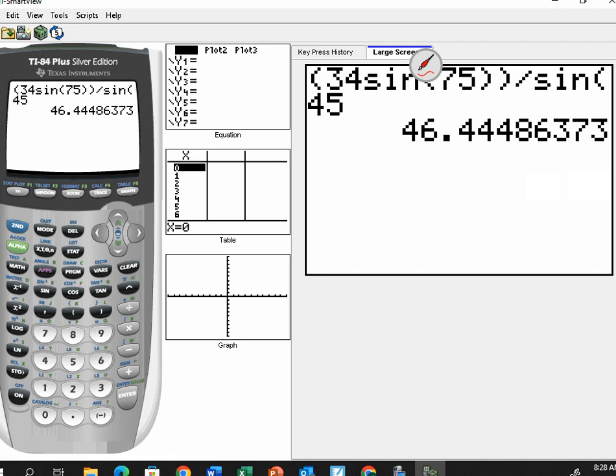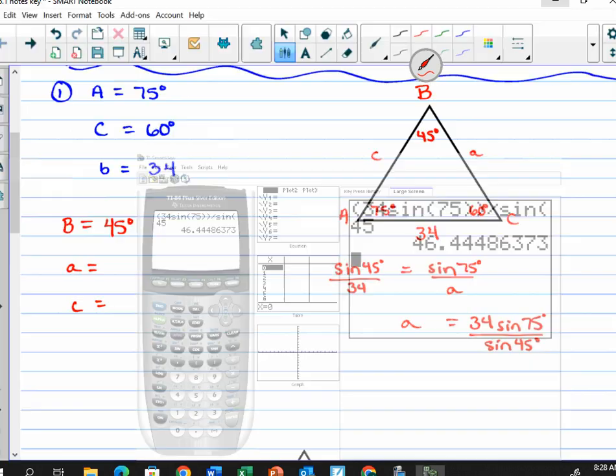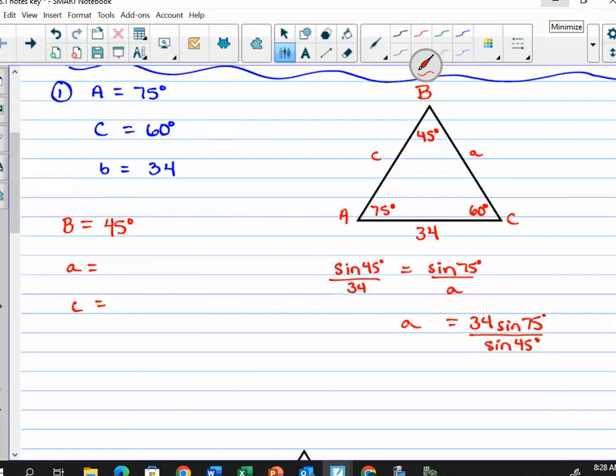So 46.445. Okay. That was A. Is A going to be in degrees? Oh, no. I think you're in radians.